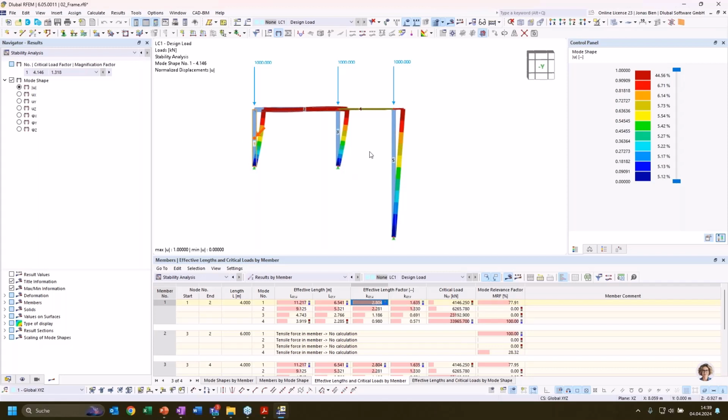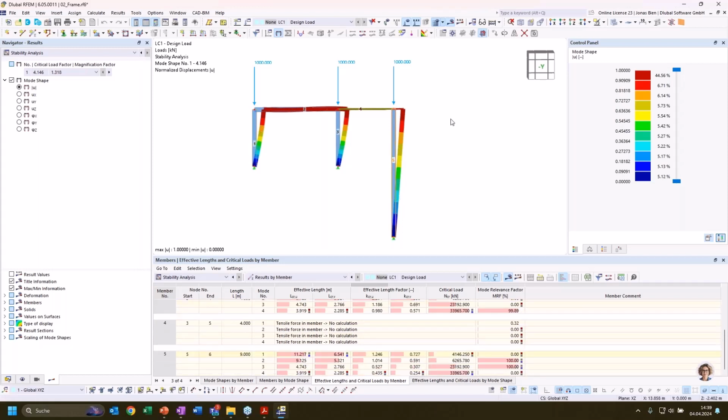But what about column number 5? Because in this first mode shape, the column is also deforming, or it seems to be deforming. And when we look into the effective length factor that we would evaluate for that case, we would get 1.25 times the system length.